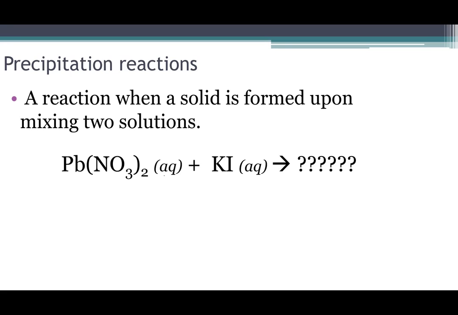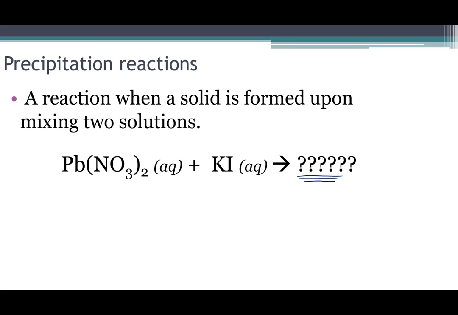So lead nitrate, aqueous, potassium iodide, aqueous. So we've got to predict what the products are, and then we've got to decide which one of those products is the solid that forms. Okay, so predict the products, determine the solid.